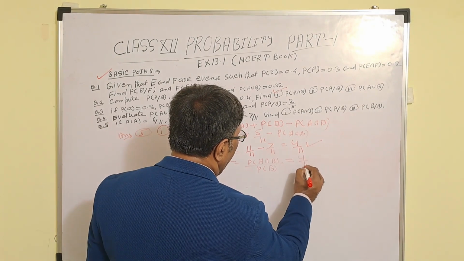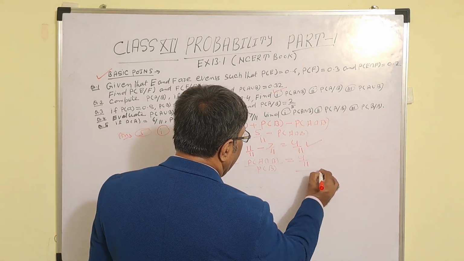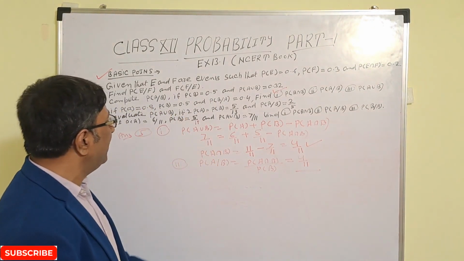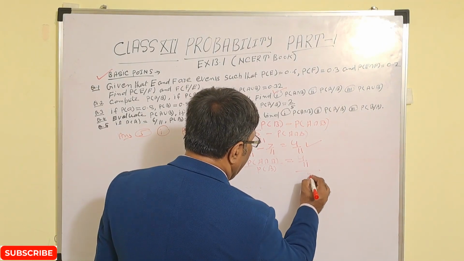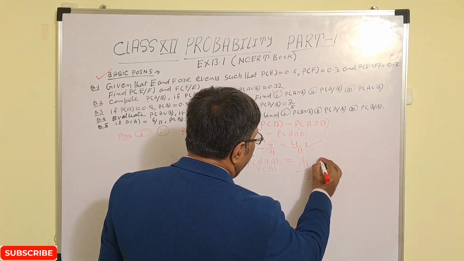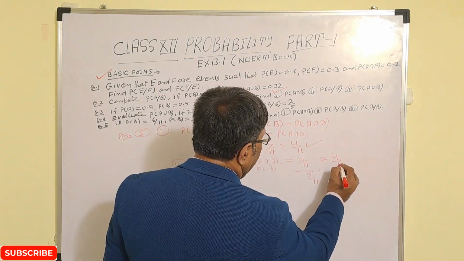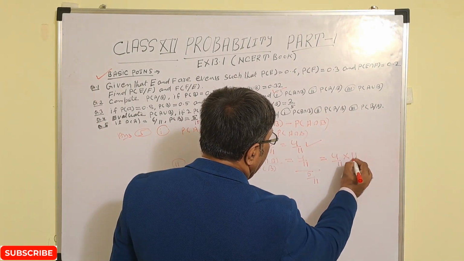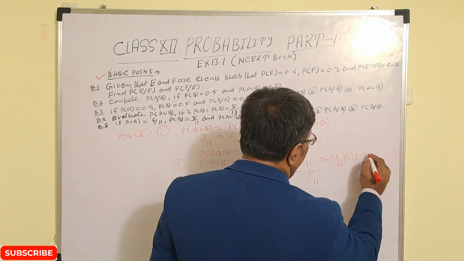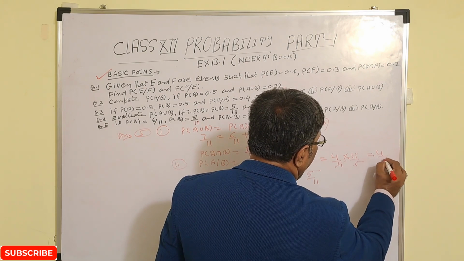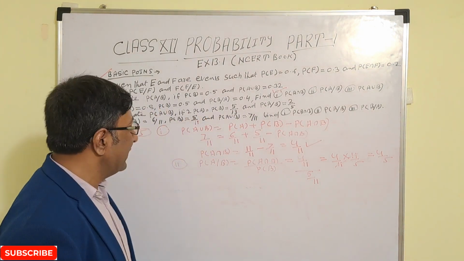So this is 4 by 11 divided by probability of B, which is given as 5 by 11. So just put the value 5 by 11. We will get 4 by 11 multiplied by 11 upon 5. So this 11 cancels out. So you will get how much? 4 upon 5. So this is the right answer.